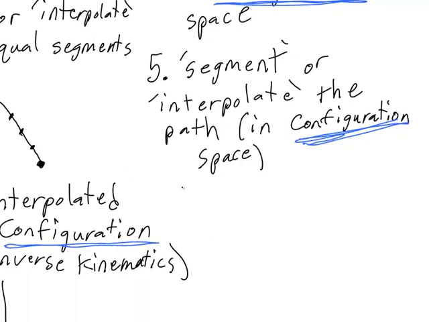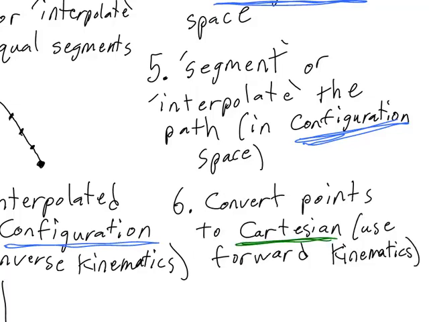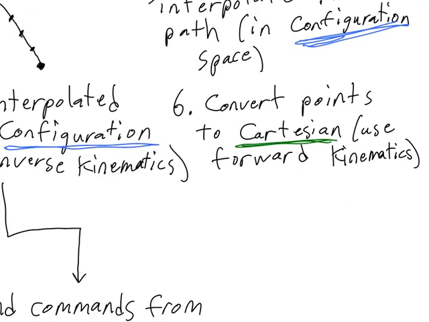Once this path has been segmented or interpolated, we then go on to step 6, which is to convert our interpolated points back to Cartesian space. And remember that the way that we convert points to Cartesian from configuration space is to use the forward kinematics.